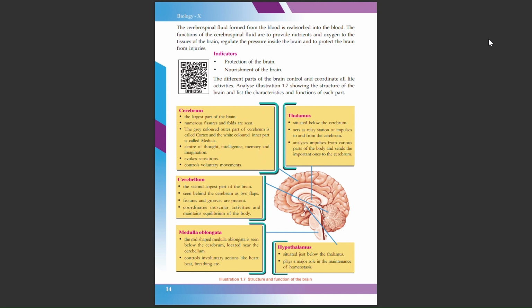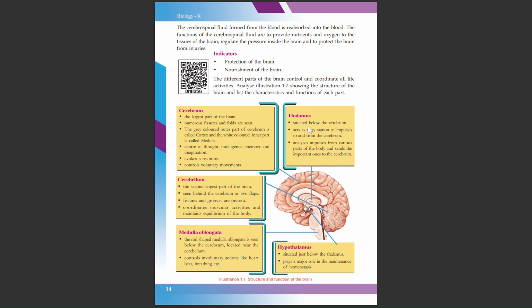It is present on two sides of the brain also. Cerebellum is very important. Cerebellum is the second largest part of the brain and is seen behind the cerebrum as two flaps. Fissures or grooves are also present.